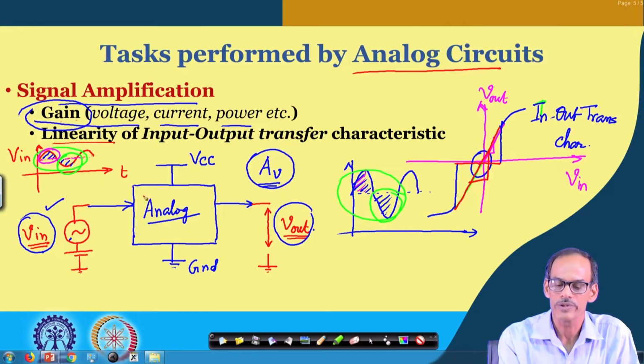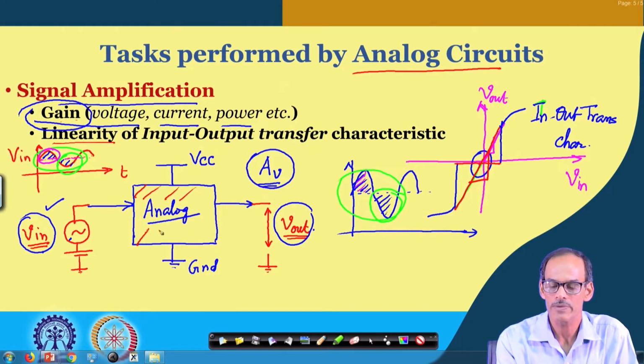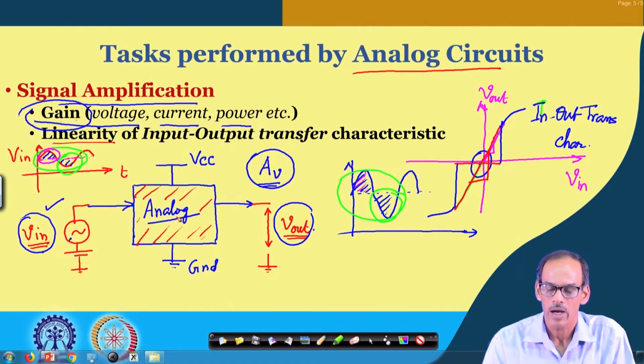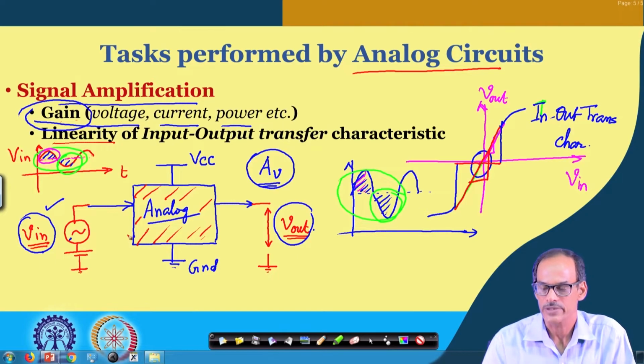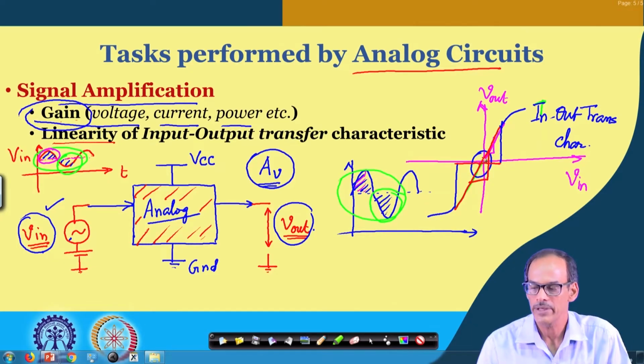That is the expectation. Within this block we must have some meaningful circuit, and in this course we will be discussing what circuits are there within this block, and how they may be biased in technical terms, so that this input to output transfer characteristic is maintained as expected, as linear and having a decent or meaningful gain.